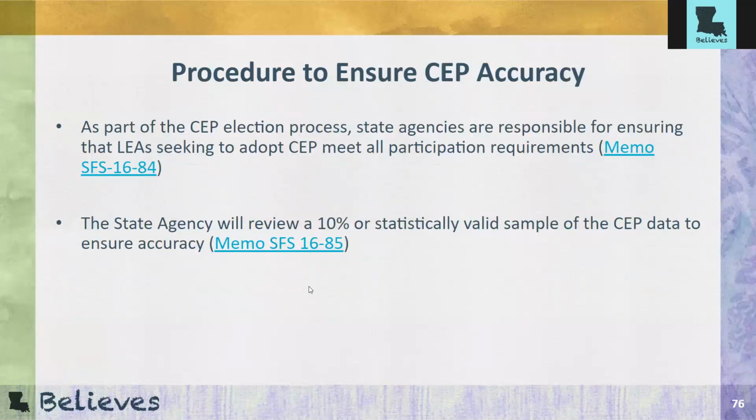There's also a requirement to ensure CEP accuracy. As part of the election process, state agencies are responsible for ensuring that LEAs seeking to adopt CEP meet all participation requirements. And the state agency is also required to review a 10% or statistically valid sample of CEP data as part of the review to ensure accuracy.